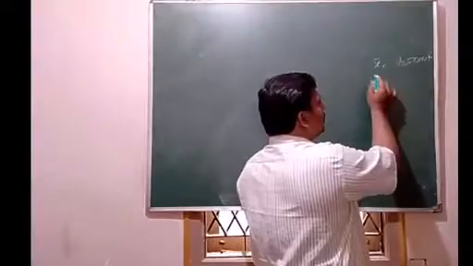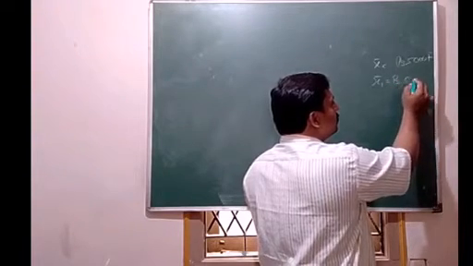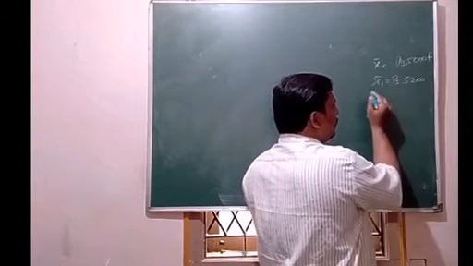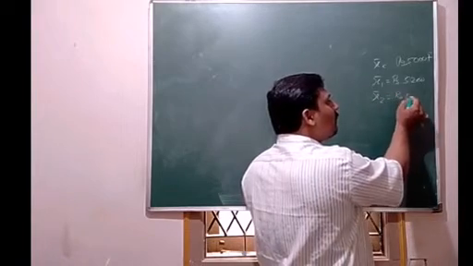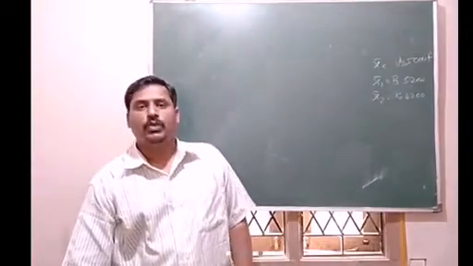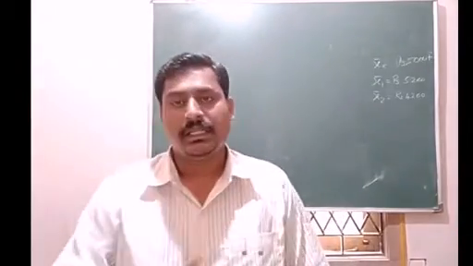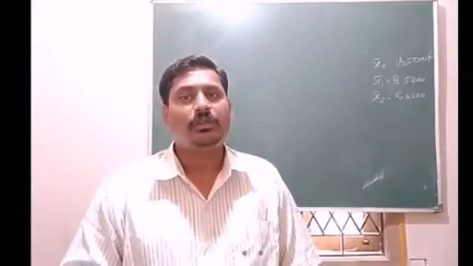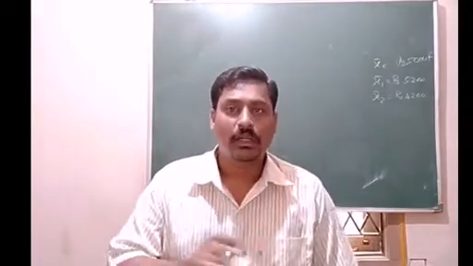So x bar 1 is rupees 5,200, and for female employees they are paying rupees 4,200, that is x bar 2. So x bar 1, x bar 2 and x bar c are given, but there is no information about n1, n2 or even total employees.